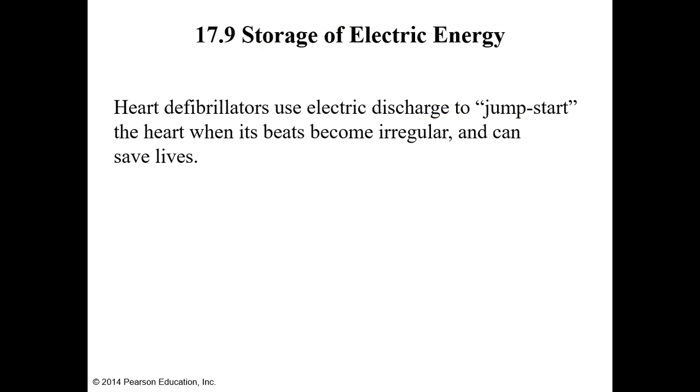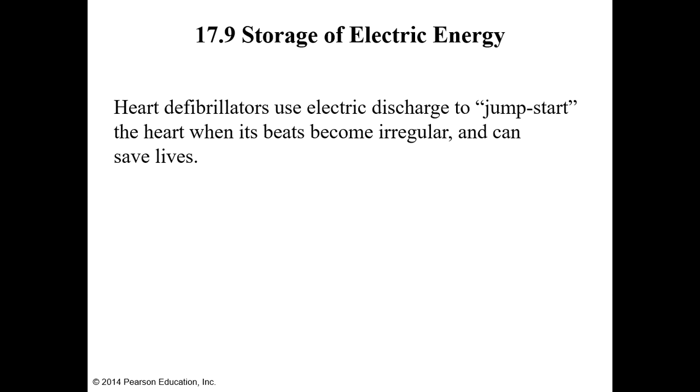A good example of this is a heart defibrillator. Except that in this case, we're not trying to harm or cause something to be fatal, but just the reverse. So the way a heart defibrillator works is you have 2 paddles, which are plates of a capacitor, which are then charged up. They build a lot of charge on it.